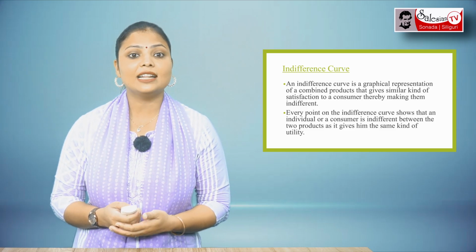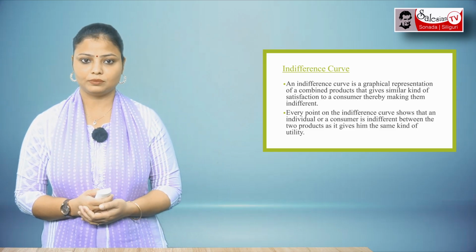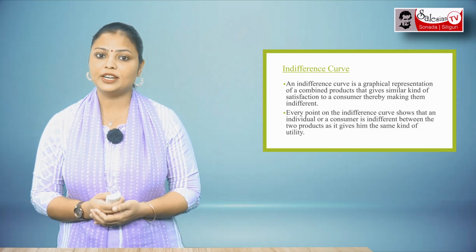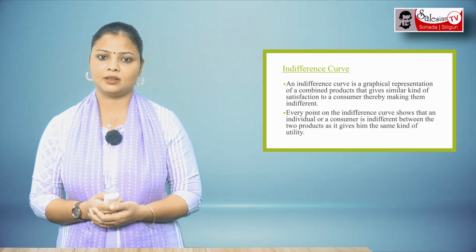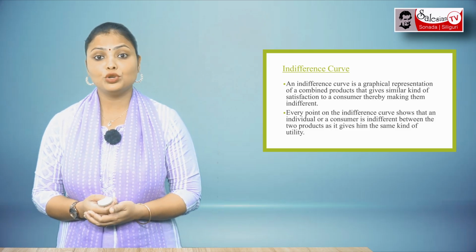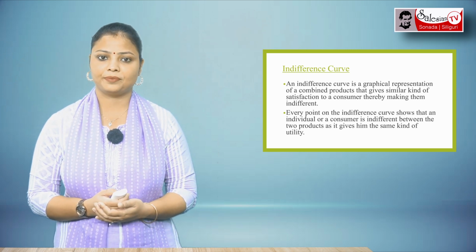We can understand this further with the help of an indifference schedule. Say, good X is 1 unit and good Y is 12 units. Say another combination is good X being 2 units and good Y being 8 units.